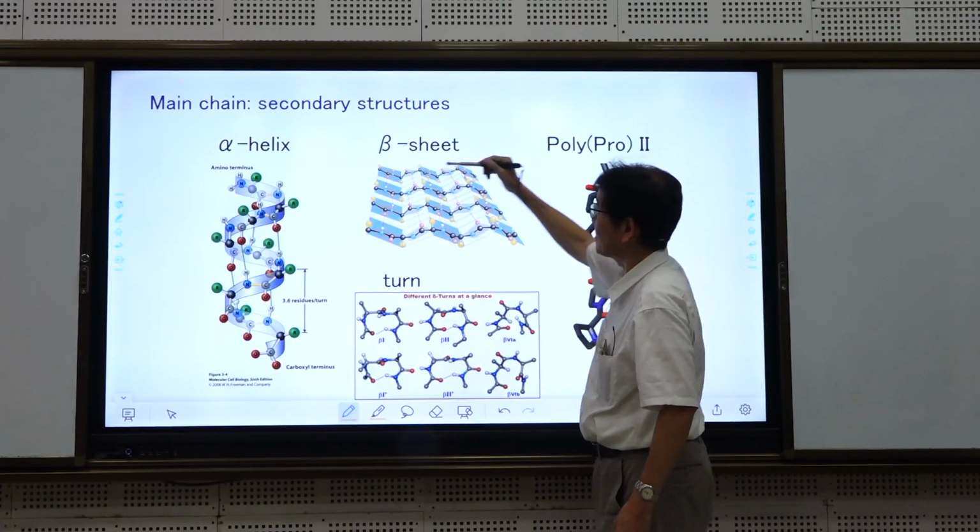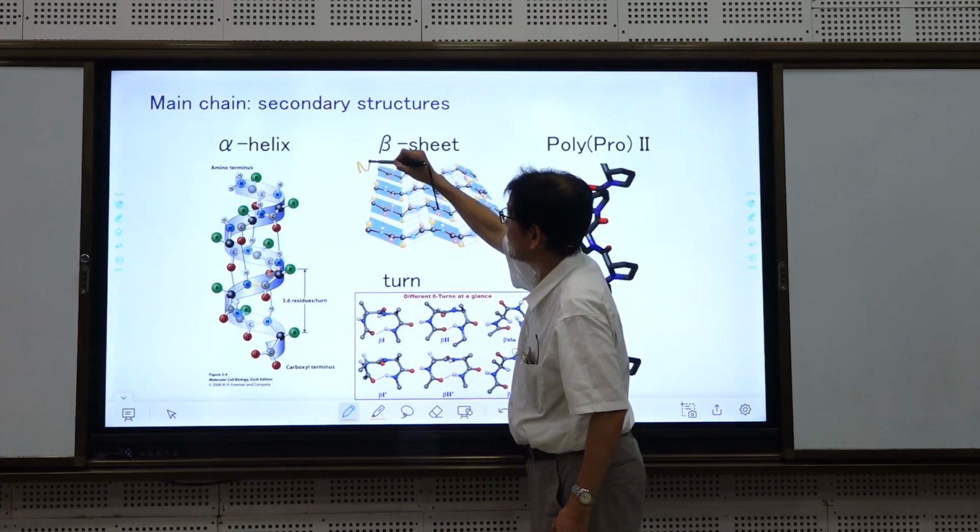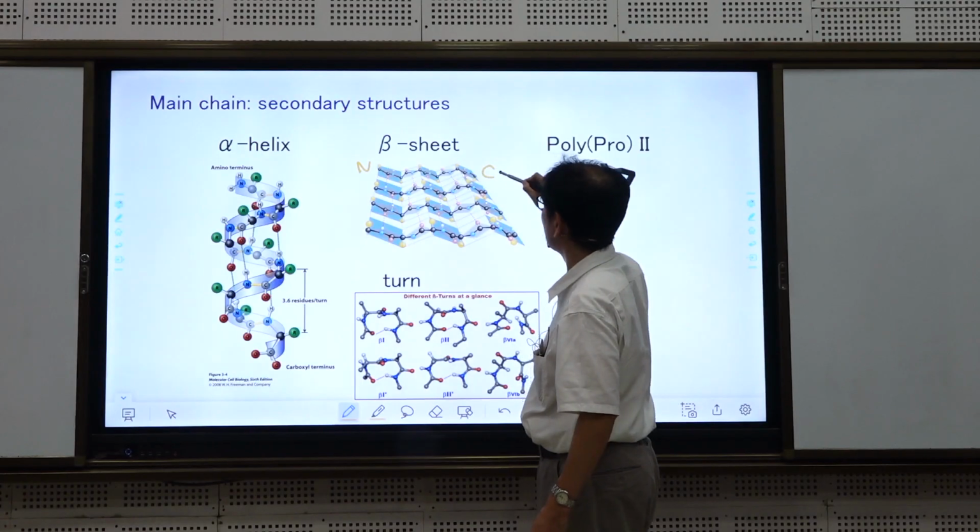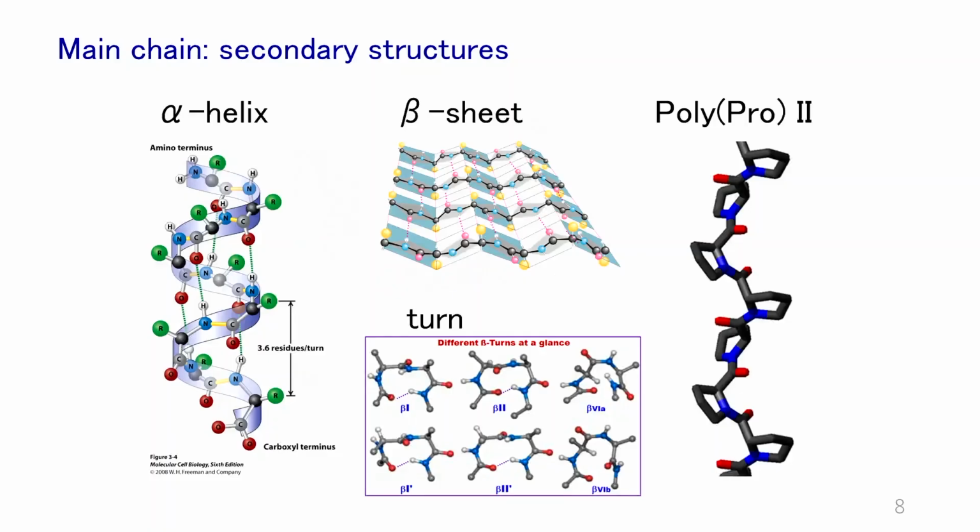And about the beta sheet structure: N, C, then turn, go from N dash to C dash, turn, N2 dash to C2 dash, turn.